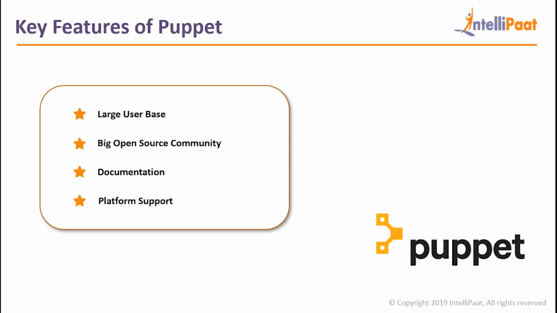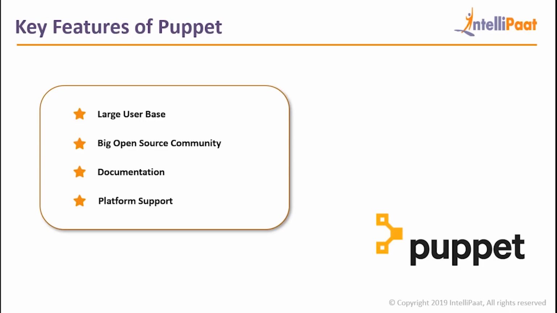Documentation is very important for anyone who is trying to learn this tool, and there is extensive documentation available for Puppet on their official website. So if you don't understand Puppet, you don't have to take help from your colleague or search for tutorials, just go to the Puppet website and they have extensive documentation on literally anything that you want to do with the Puppet software.